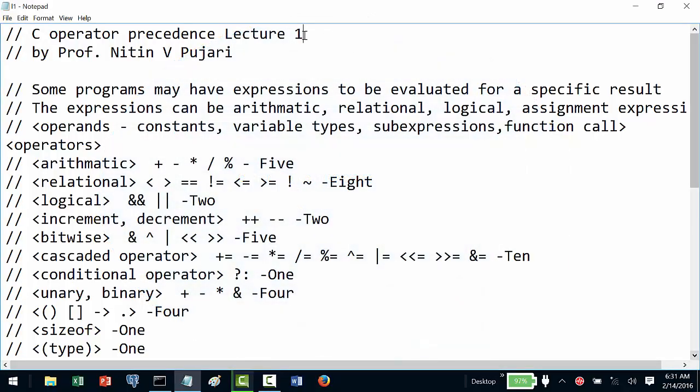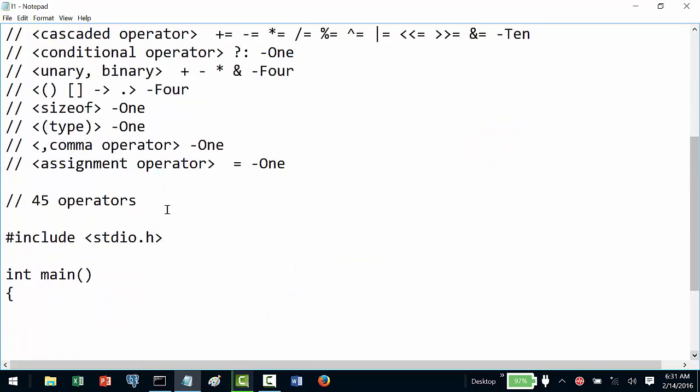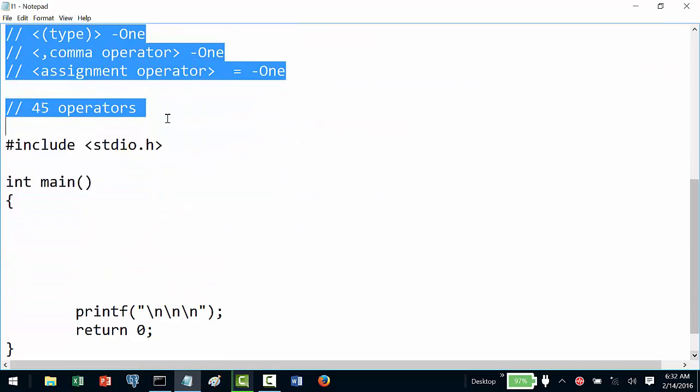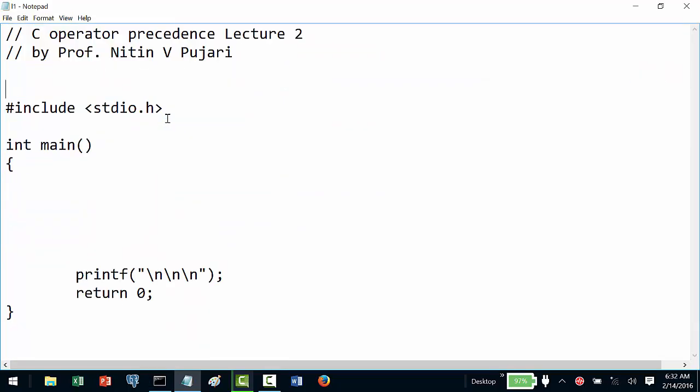Hello there. So let us look at the C operator precedence, lecture 2. We looked at several operators. We know there are 45 operators. So whenever we discuss operators, there are certain things that we have to look at.